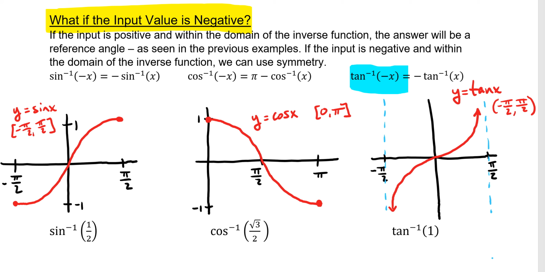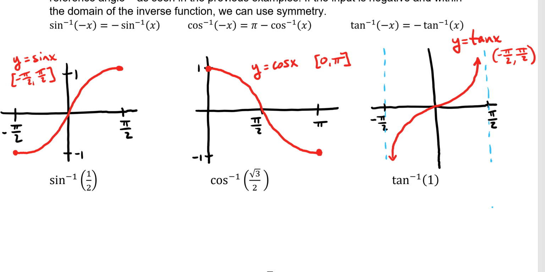Tan inverse of negative x equals negative tan inverse of positive x. Basically, if you negate the input value, the answer is going to be the negative output value. Negate the x, negate the y. Negate the input, negate the output. So let's see some examples.